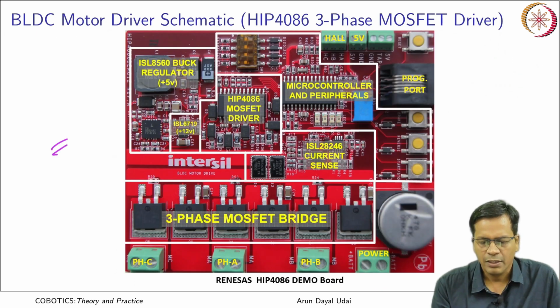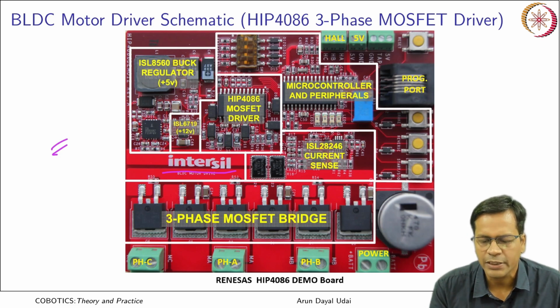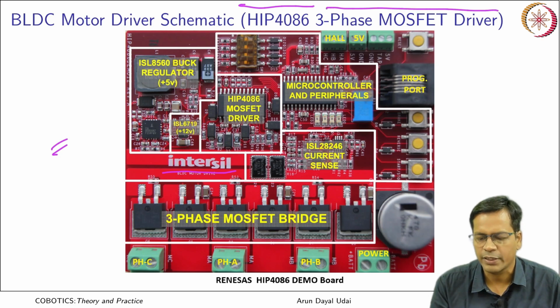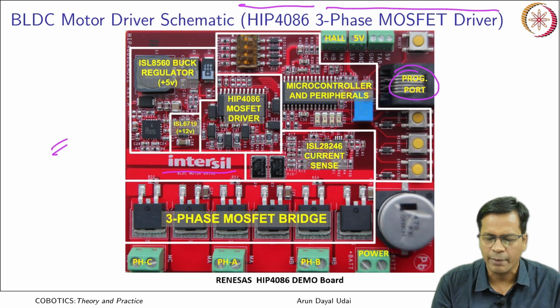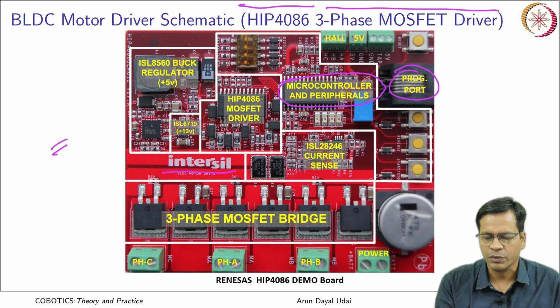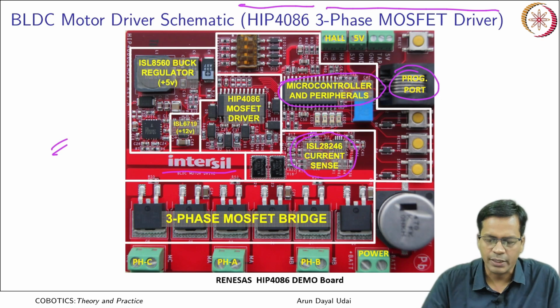This is Intersil. This is a company which makes such chips. There are many similar companies which implement the HIP4086 driver, a 3-phase MOSFET driver. So you see, this is the programming port which is actually to program the microcontroller which is here. So this is the microcontroller and peripherals which is here. There is also a current sense circuit which is here, which can control the current.